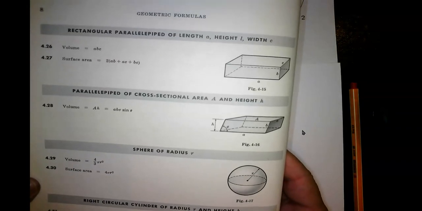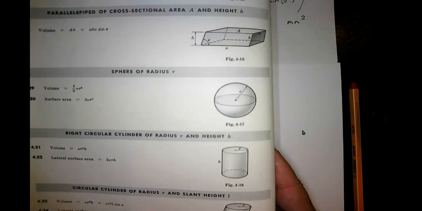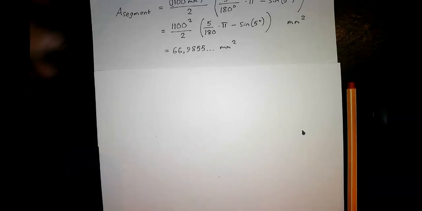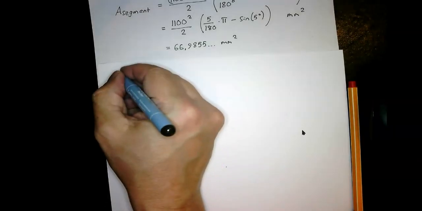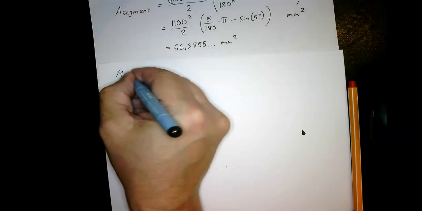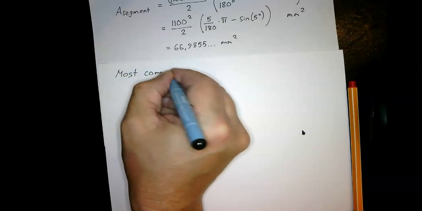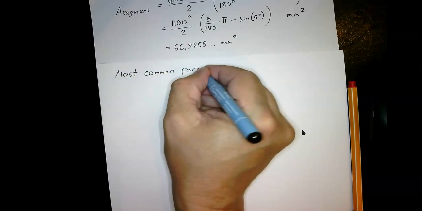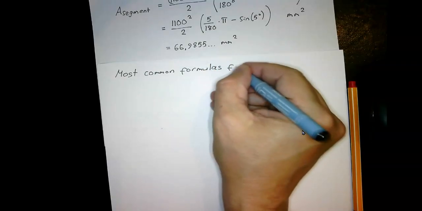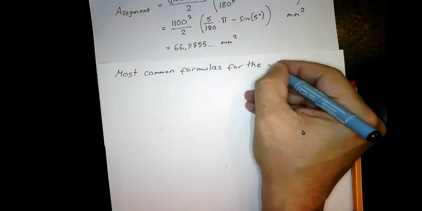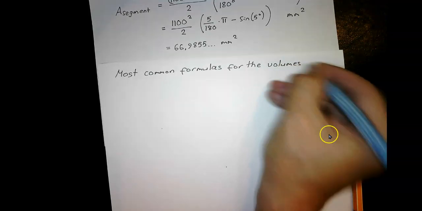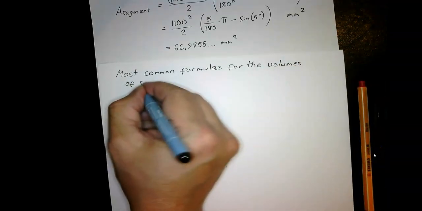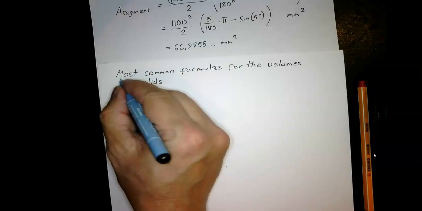So there are these kind of solid figures here, and let's take the most common formulas there. So, volumes. Most common formulas for the volumes of solids or solid figures.